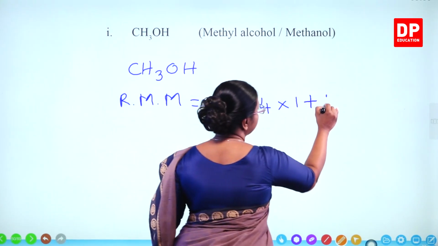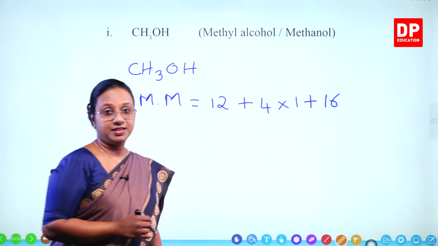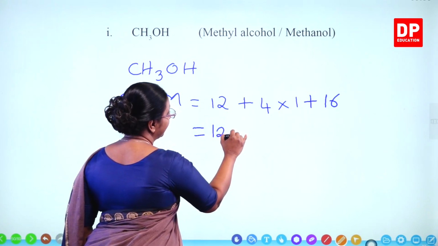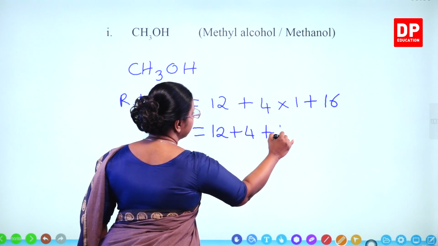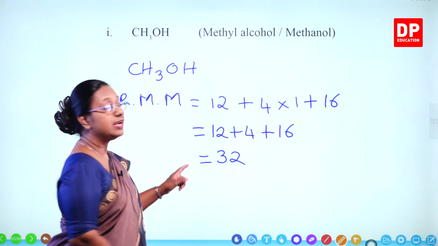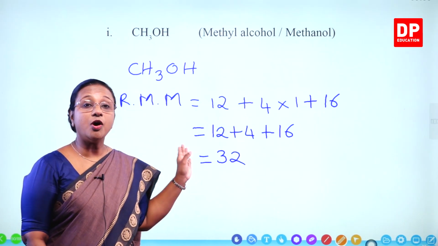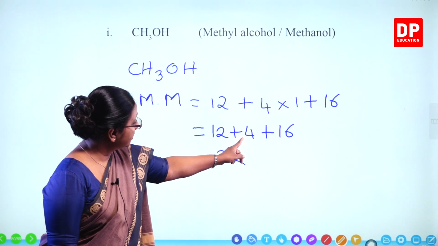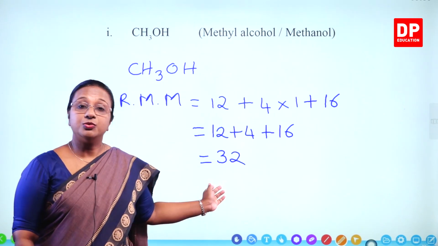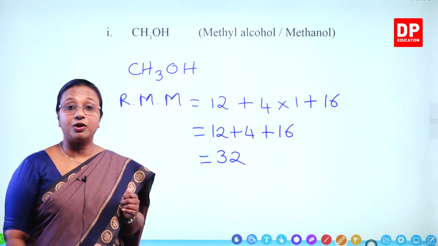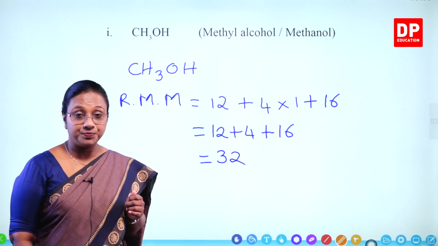And there is 1 oxygen, 16. So then if we calculate the value, 12 plus 4 plus 16, that is 32. And you know there is no unit for relative molecular mass. 32 is the relative molecular mass of methyl alcohol or methanol.